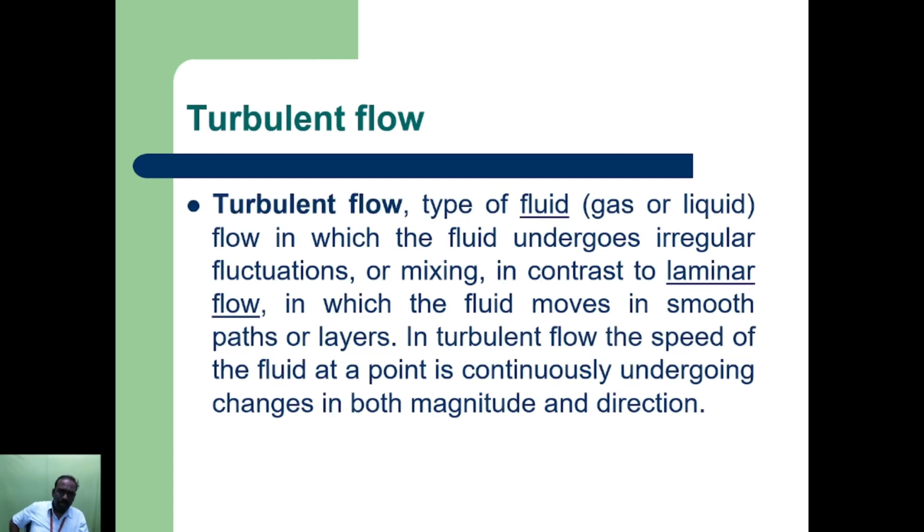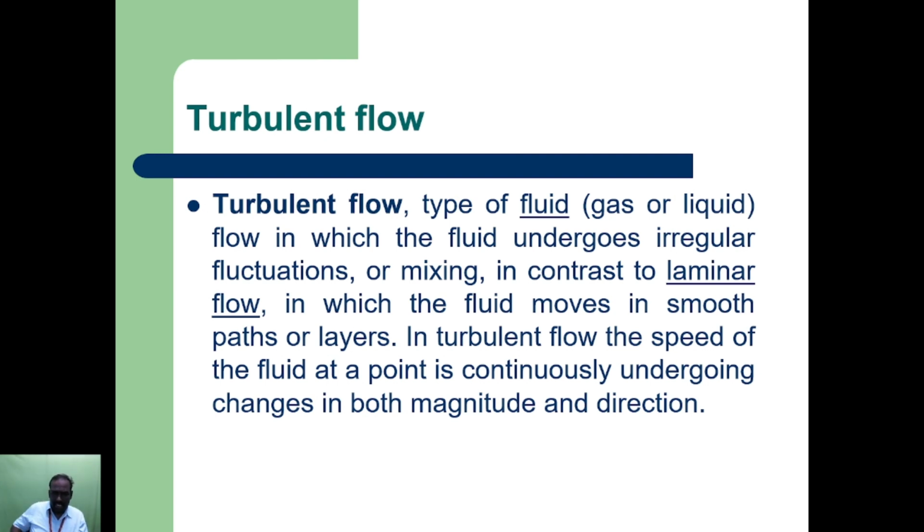Now we are going to discuss turbulent flow. Turbulent flow is a type of flow of gas or liquid in which the fluid undergoes irregular fluctuations or mixing, in contrast to laminar flow, in which fluid moves in a smooth path or layers.